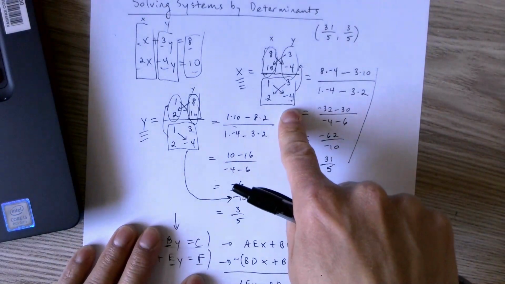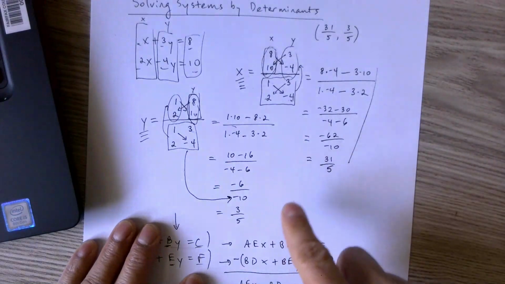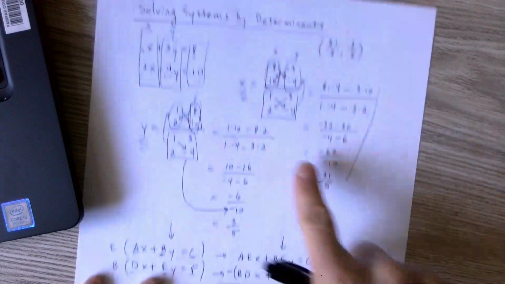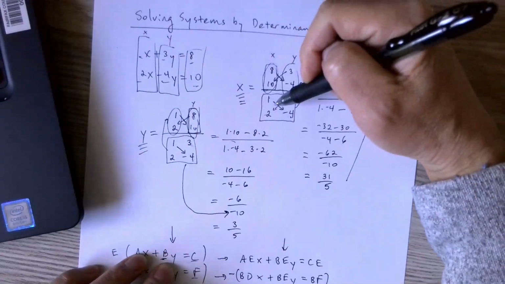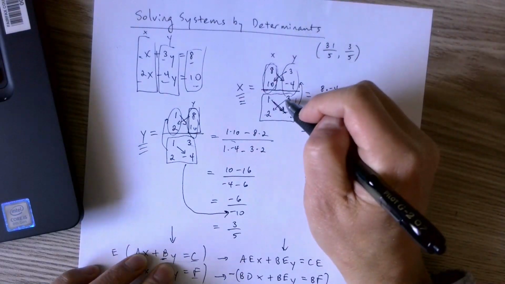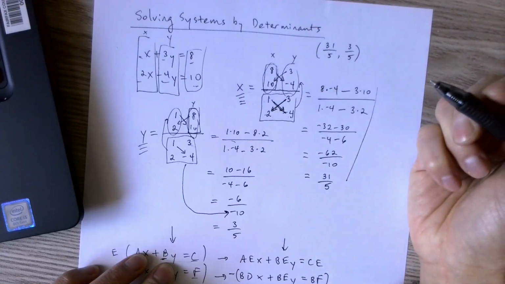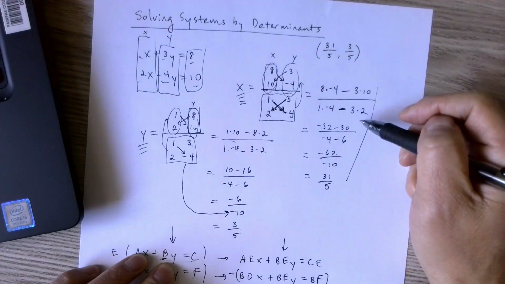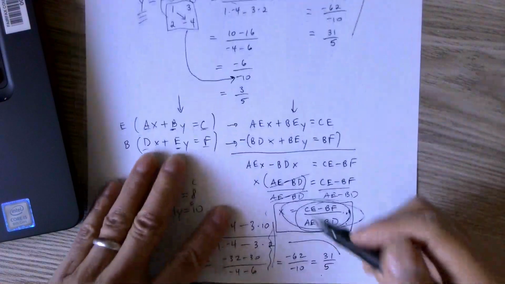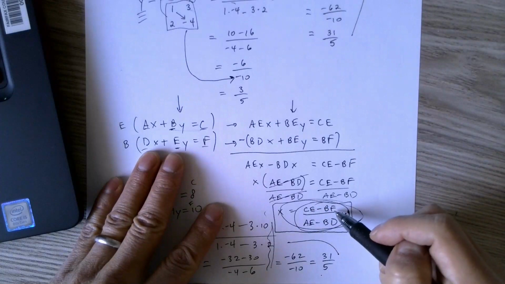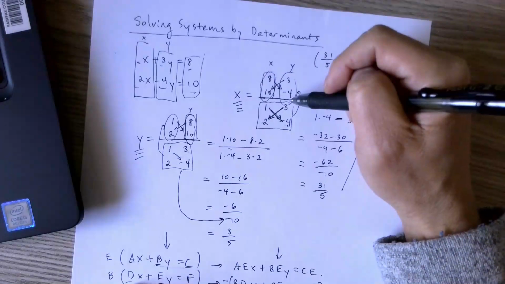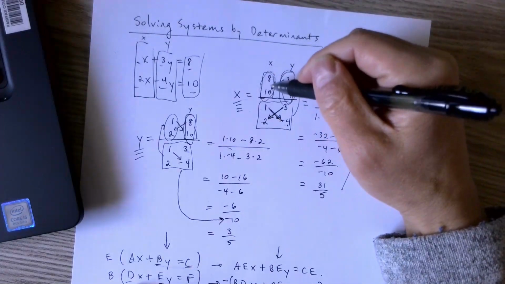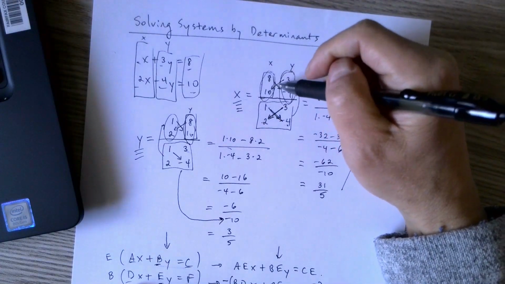So someone had the bright idea of, hey, I noticed that the denominator, AE minus BD, is exactly what you would get if you multiplied these coefficients and then multiplied these two coefficients and then subtracted. And then someone noticed, hey, the numerator, CE minus BF, you would get that if you took these two values and then replaced the x coefficients with 8 and 10.